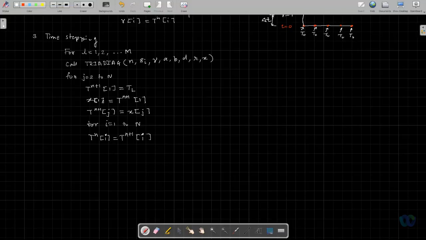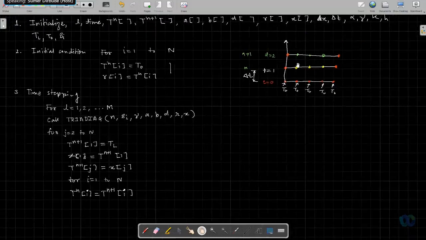This is needed because when you want to calculate these values, these are n plus 1 and these are nth level values. But when you are at t equals 2, these are n plus 1 values and these are nth values.